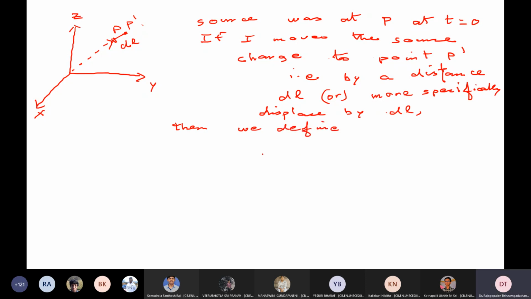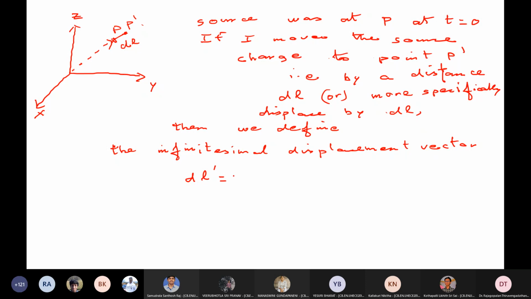Then in the rectangular coordinate system, we define the infinitesimal displacement vector. We say infinitesimal because it is a very small distance. dl prime, I'm sorry, it depends, but because we are talking about the source, let us use dl prime.